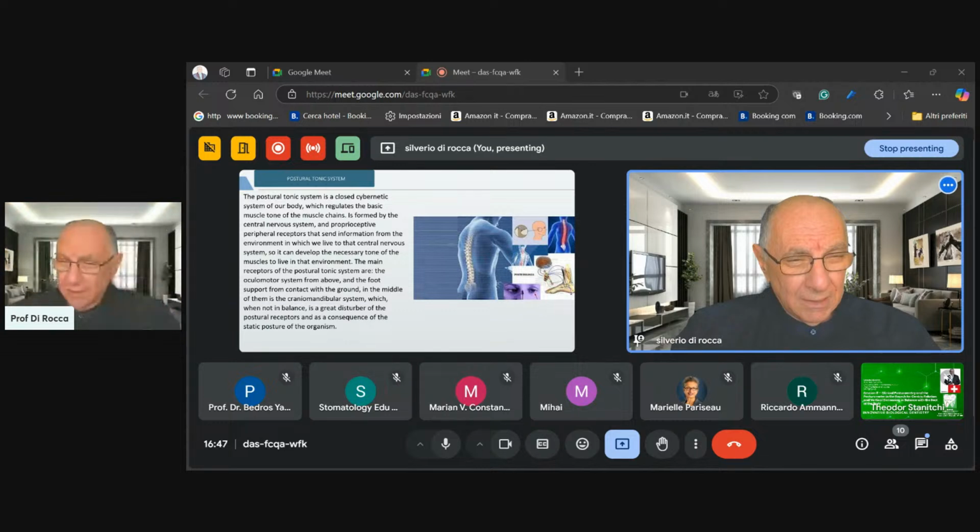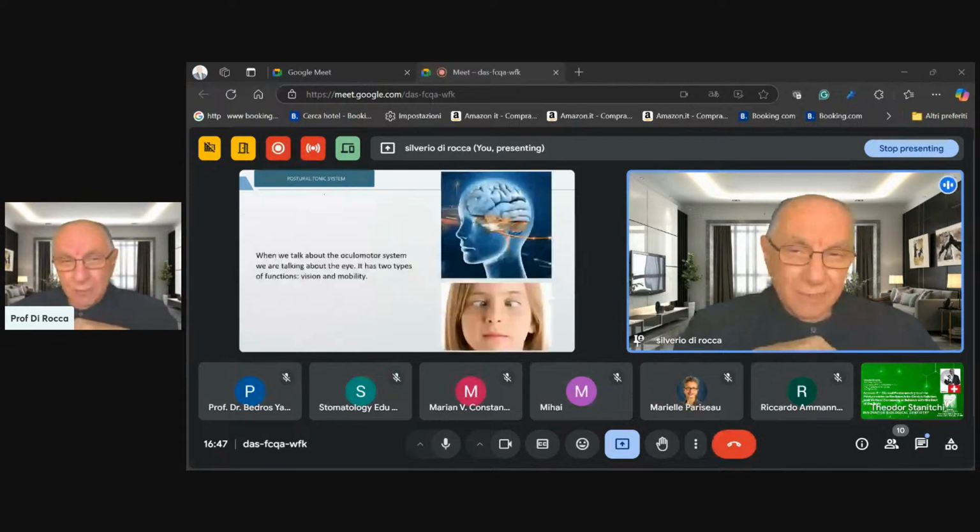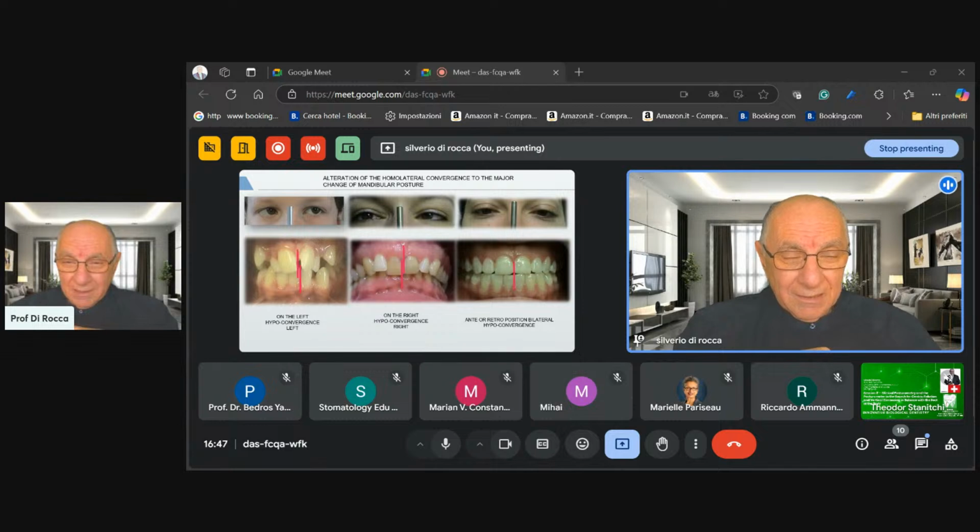And in the middle of the receptors, we have the craniofacial system. The stomatognathic system is not in balance. Oculomotor system is movement. When we have a good movement, we have good peripheral vision. This is research I did many years ago, 1991.